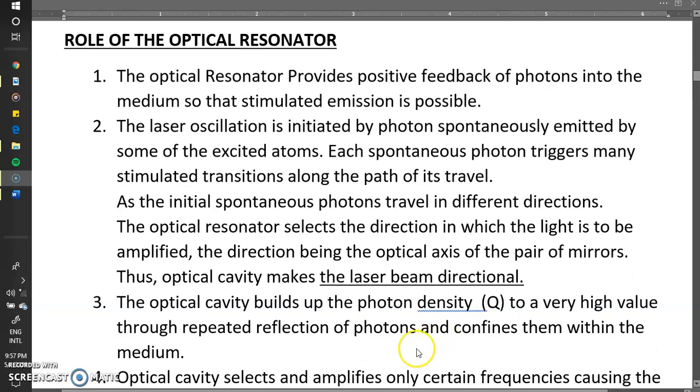Next, the optical cavity builds up the photon density Q to a very high value by repeated reflections of photons. This repeated reflection of photons is because of the two mirrors, one is 100% reflecting, another one is partially reflecting, and confines them within the medium.